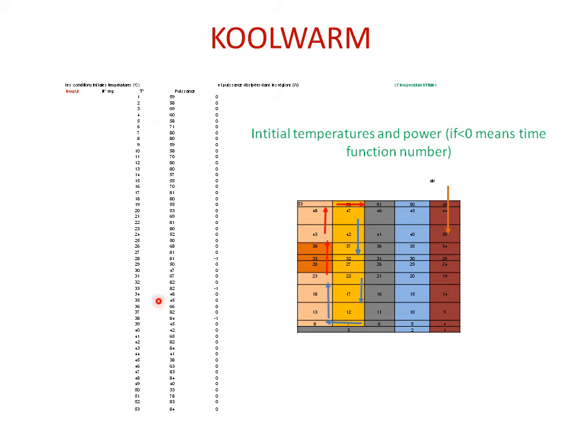Initial temperatures are given, and also the power in the region. For example, here in region number 8, we have set -1. That means that when the number is less than 0, it is a function number, the time function number.